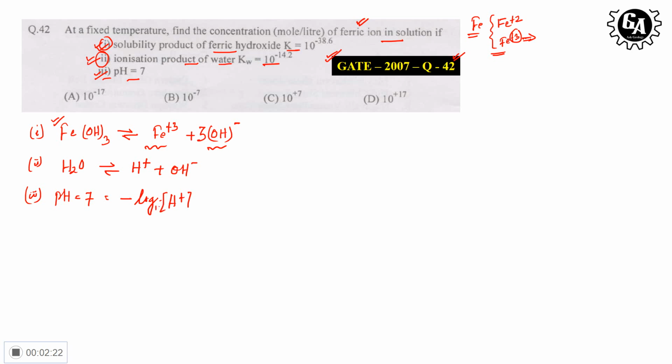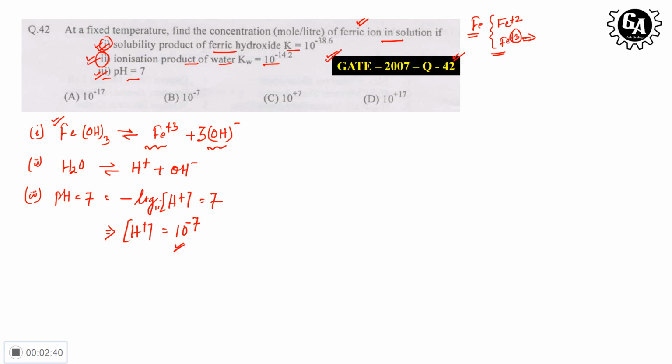If pH is 7, then the H plus concentration is 10 to the power minus 7.